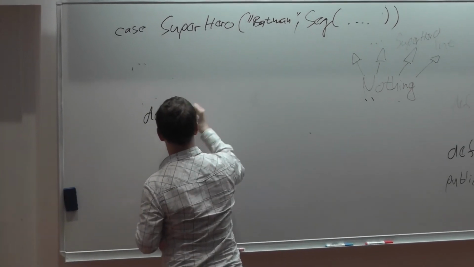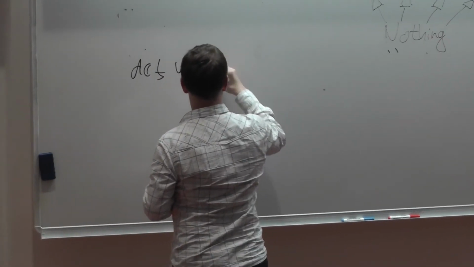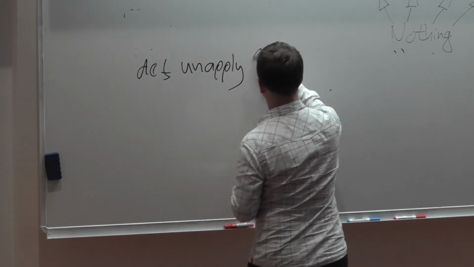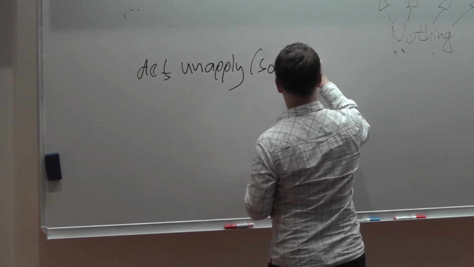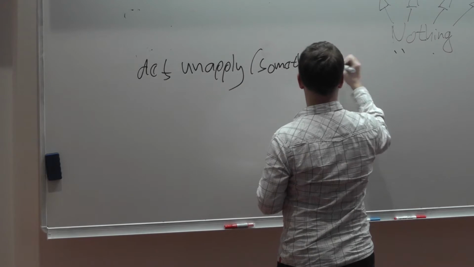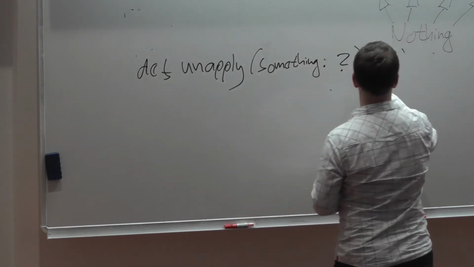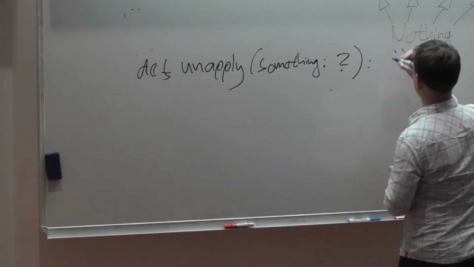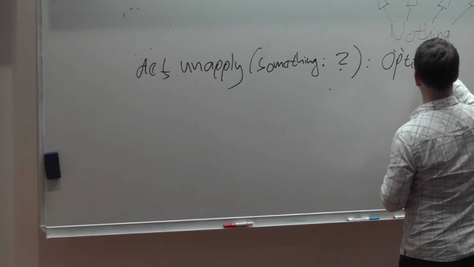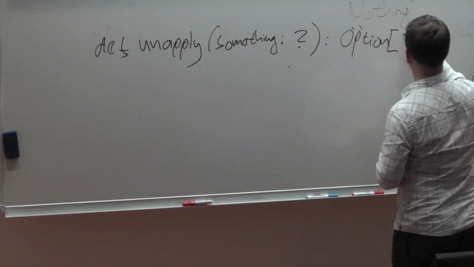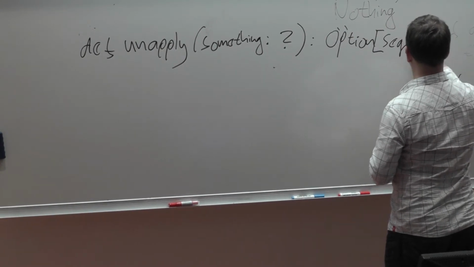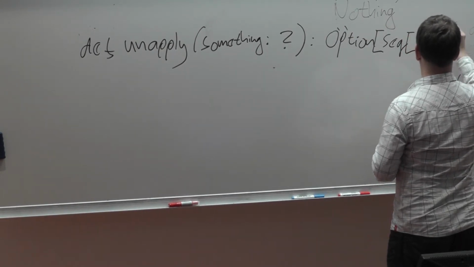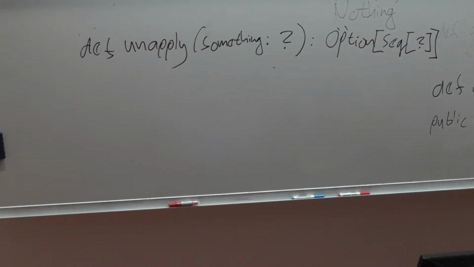If you implement this, whatever type, which returns Option of Sequence of something, let's say String or Int or Any or whatever you may choose.